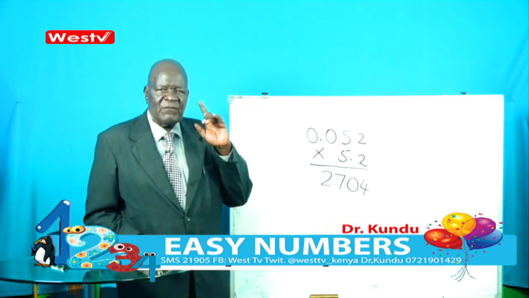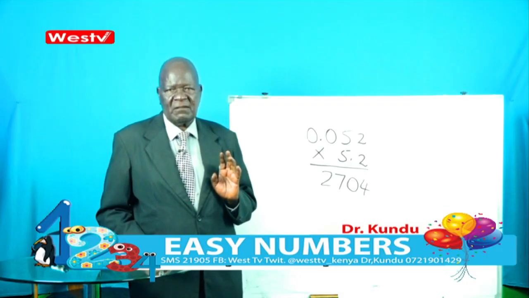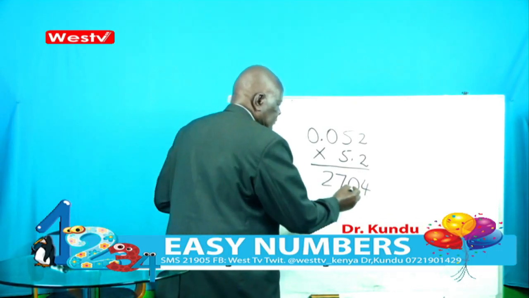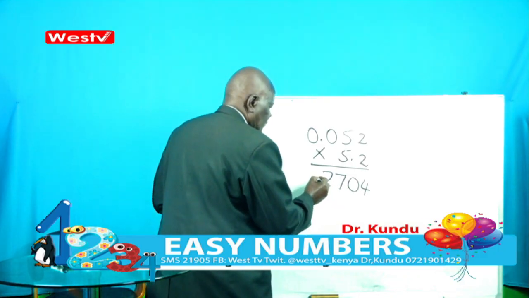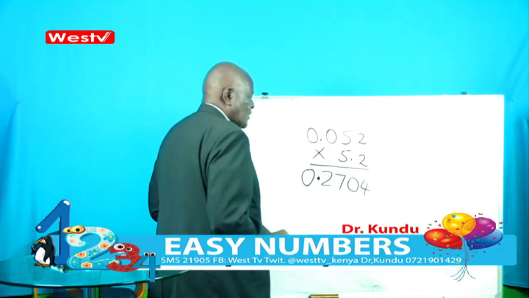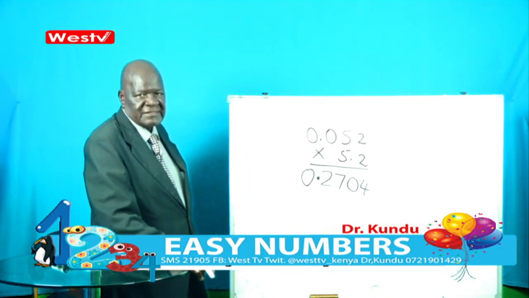Therefore, put 4 decimal places in 2704 to get your correct answer. So this is 1, 2, 3, 4. So the decimal lies around here, and the answer to that problem is 0.2704.